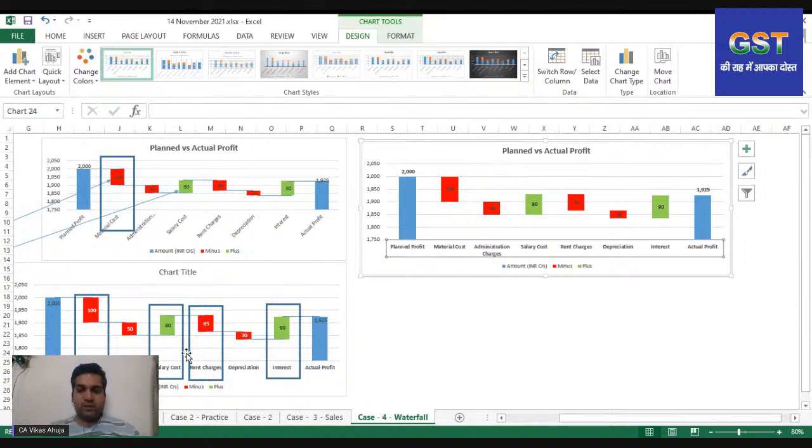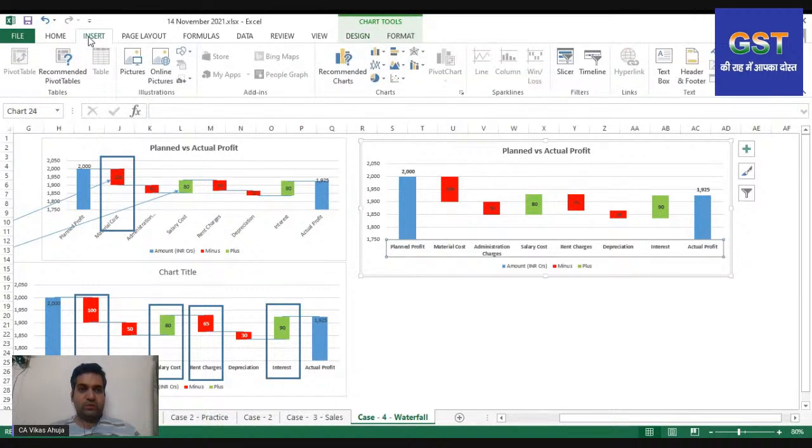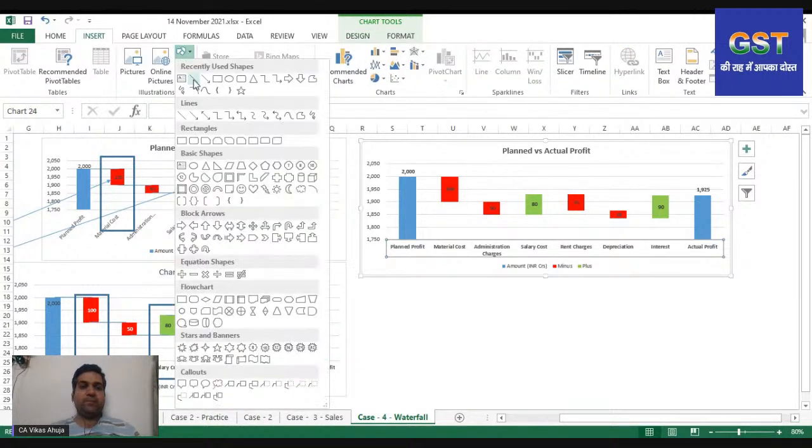Yeah. So then we added these lines, which we can do from here, insert. And if we want, we can add it again.